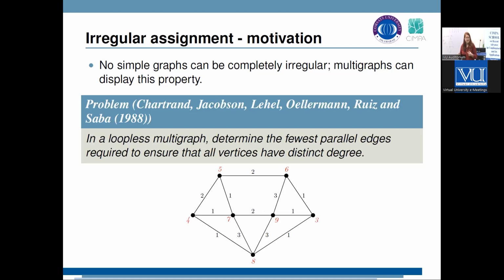So what does it mean? That in the corresponding multigraph, we have 3 parallel edges. And now the degree of a vertex in the multigraph corresponds to the weight of a vertex in the labeled graph. So we have a one-to-one connection between the multigraph and the labeled graph.